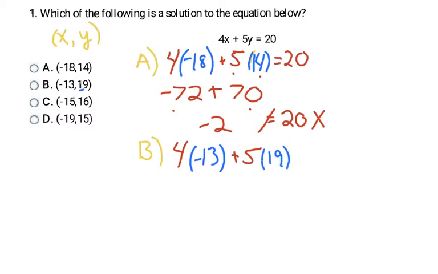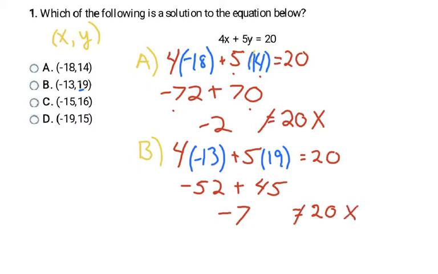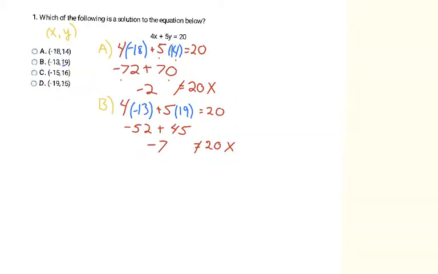And I'm going to see if this time I can get that equal to 20. So once again, I'm going to do multiplication and division first. 4 times negative 13 is negative 52, plus 5 times 19 is 45. Negative 52 plus 45 is negative 7. And then on my right side, I have that 20. Negative 7 doesn't equal 20, so B is not an answer.